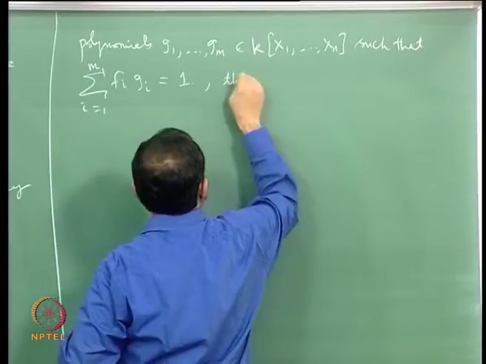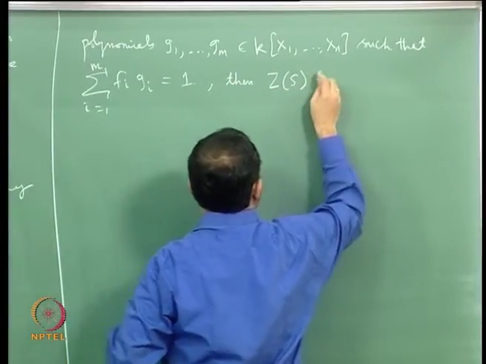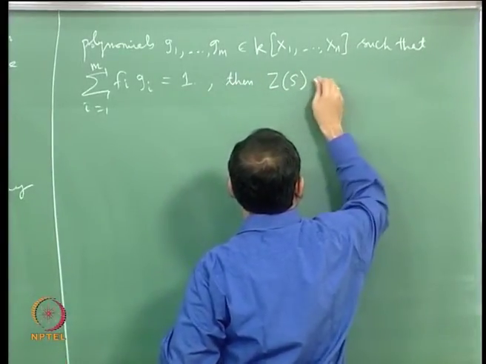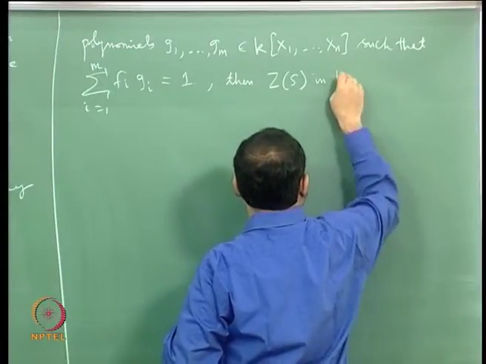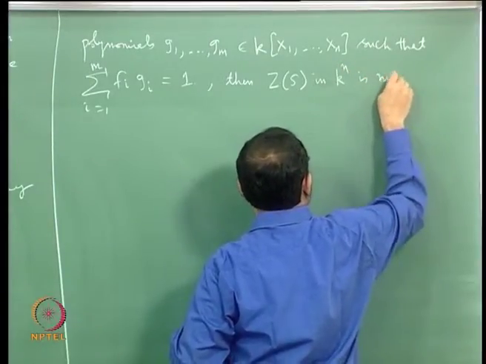Then the zero set defined by S in K^n is non-empty.